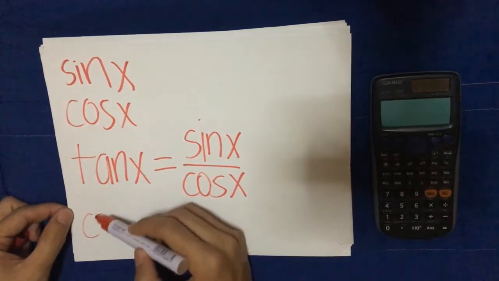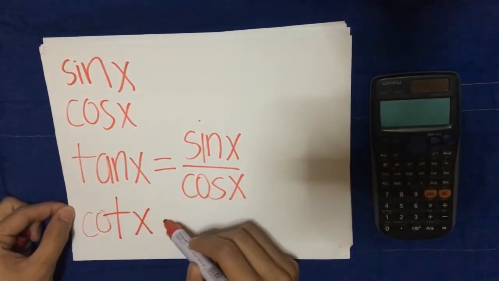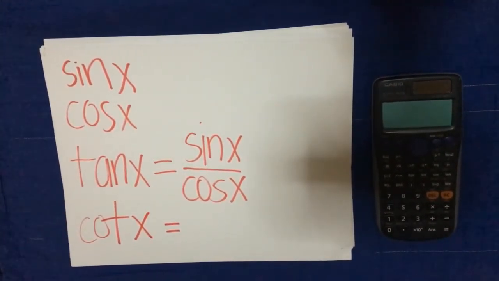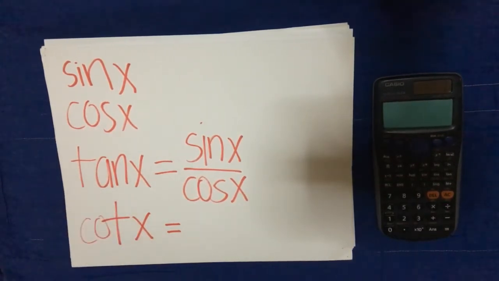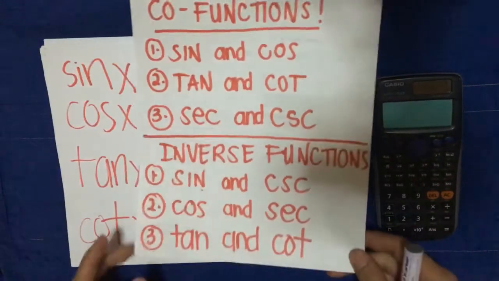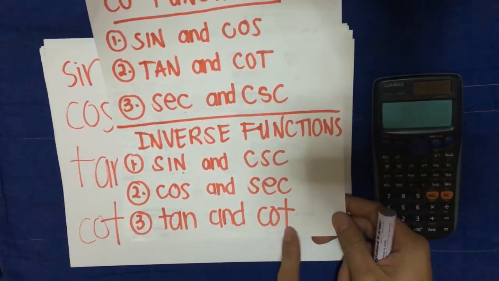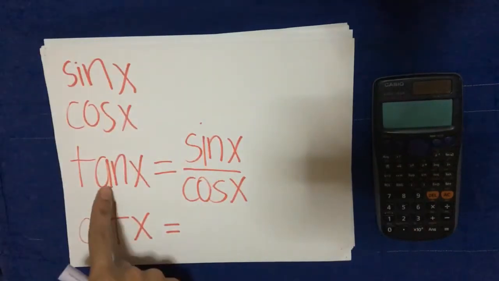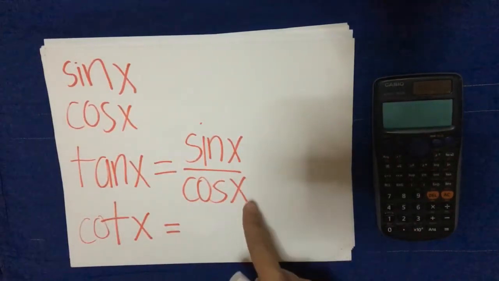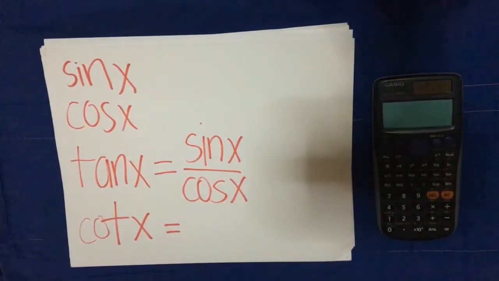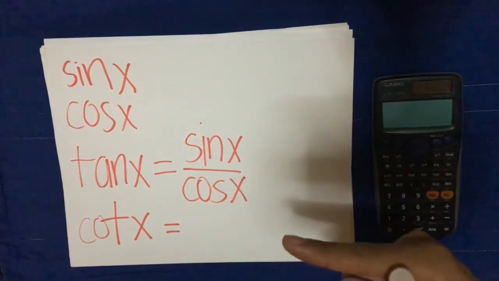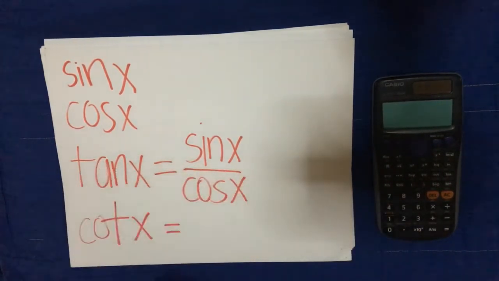How about for the cotangent x? How am I going to express this one as a function of sine and cosine? We all know from the definition earlier that the inverse of tangent is cotangent. So since tangent is equal to sine x over cosine x, what is the inverse of this one? What do you mean by inverse? You are going to interchange the position of the numerator and denominator.